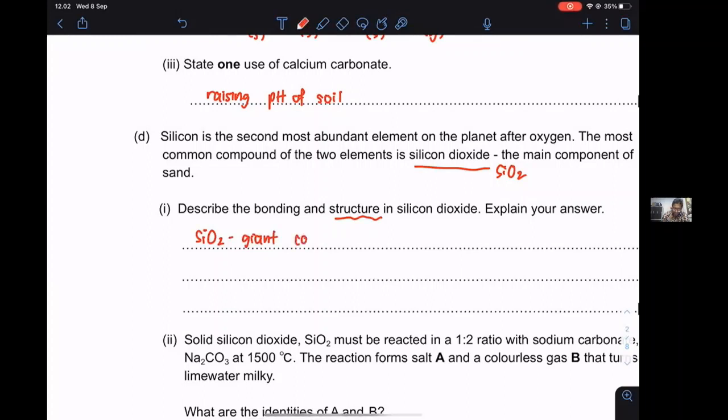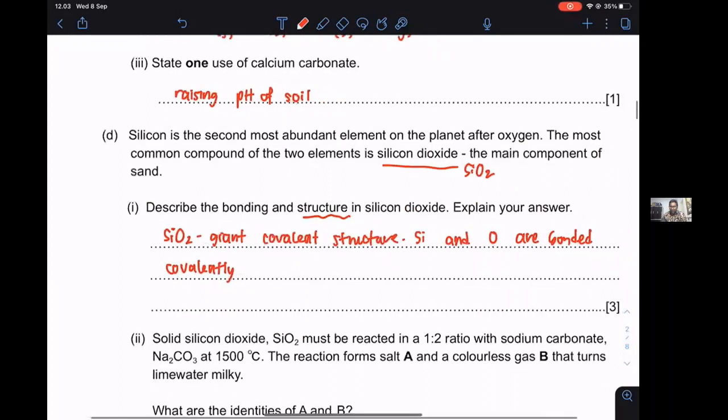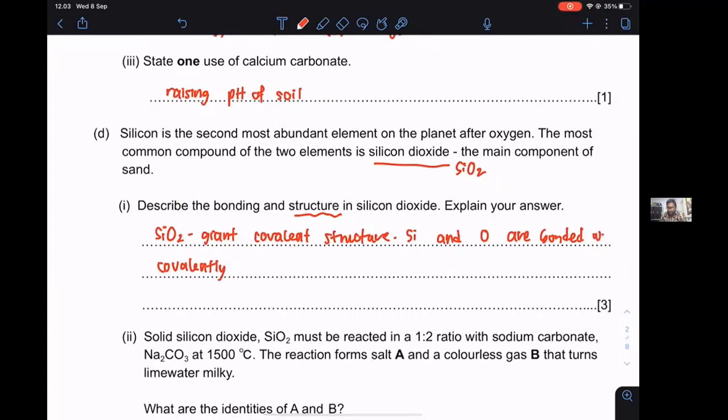You extend by saying that in this case, silicon and oxygen are bonded covalently, or are bonded with strong covalent bonds. You just write that down. That's going to be another point.